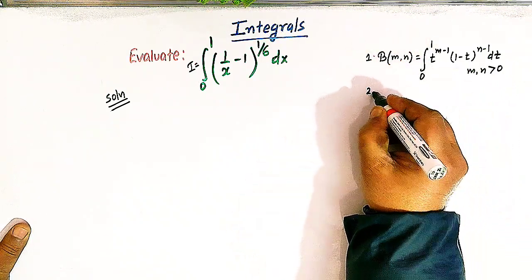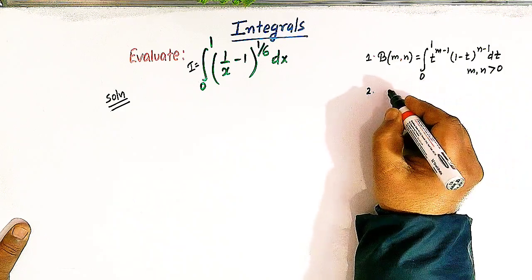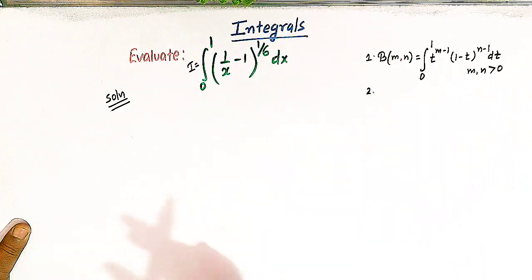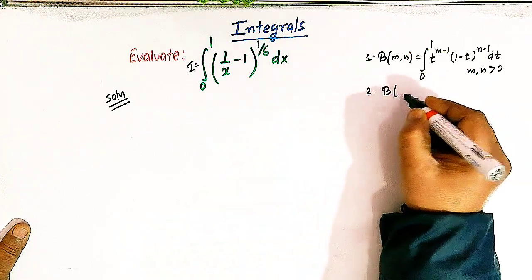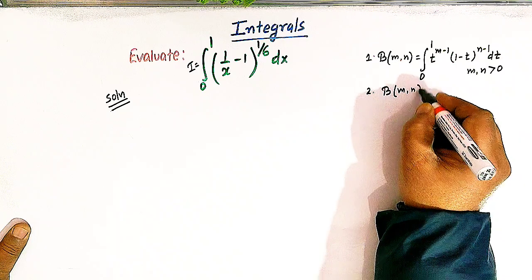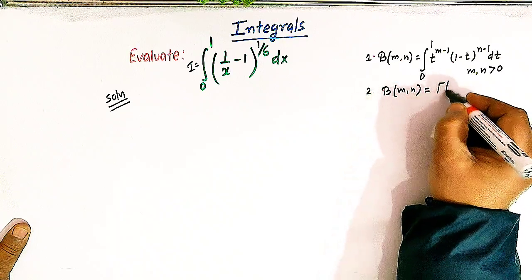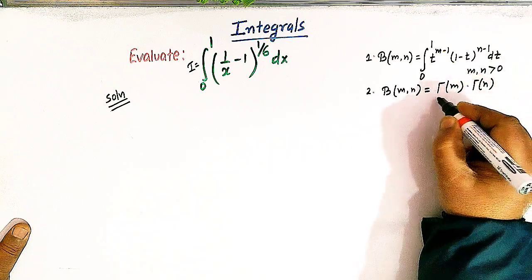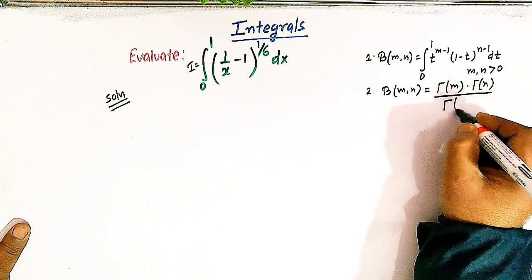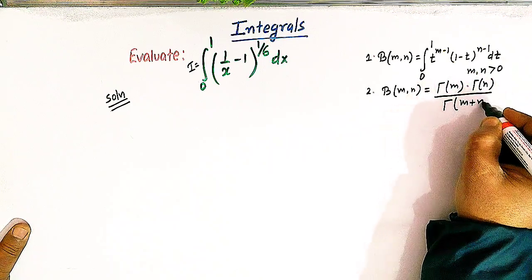The second result which we are going to use is the relation between beta function and the gamma function. The relation goes like this: beta of m comma n is given by gamma m times gamma of n divided by gamma of the sum of m and n.